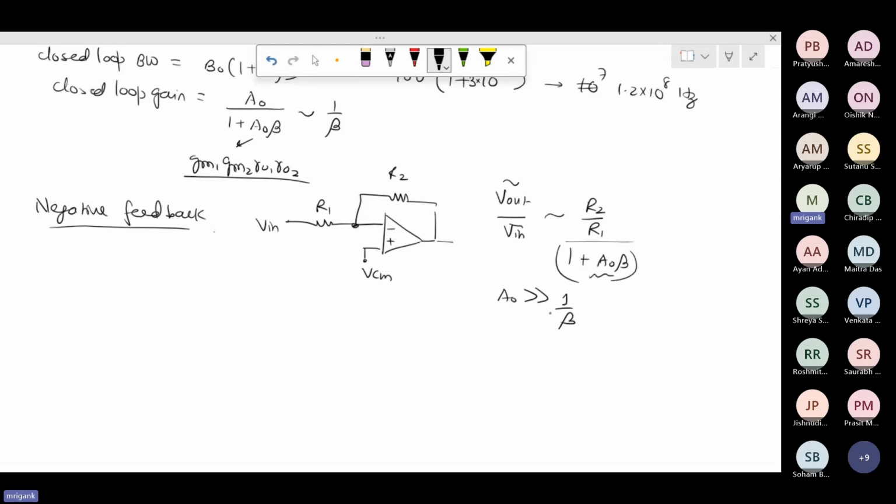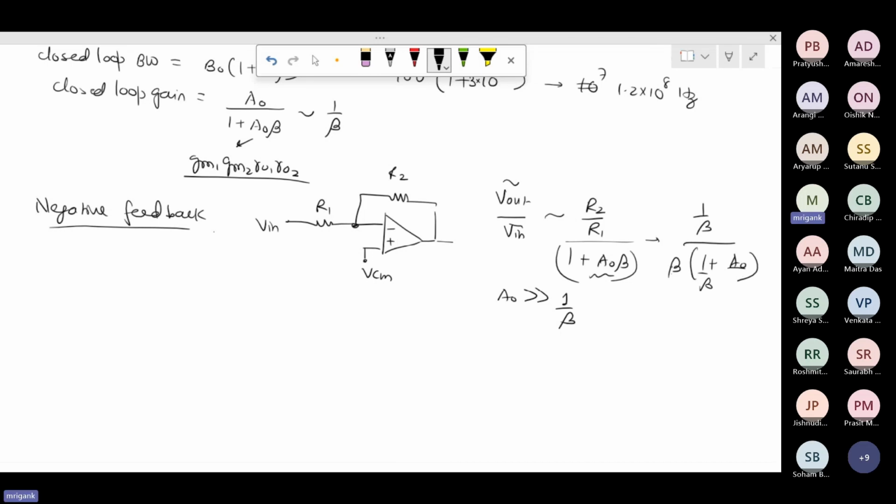If I want 1% accuracy, suppose I take 1 upon beta out. On the top also we have 1 upon beta, and here I have 1 plus A naught beta. If I take beta out, I am left with 1 upon beta plus A naught.